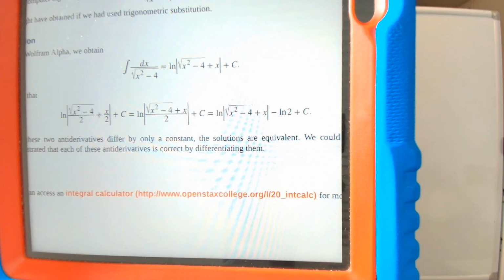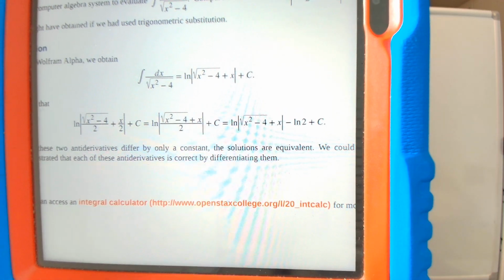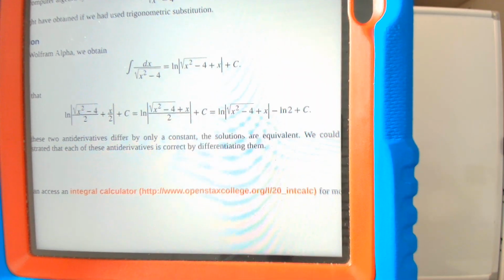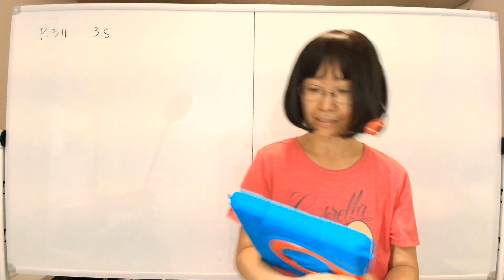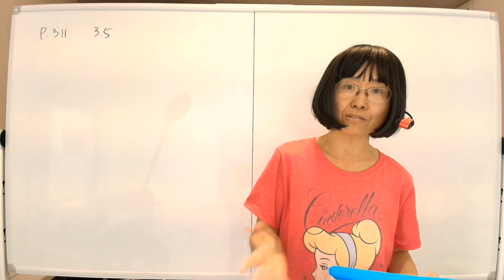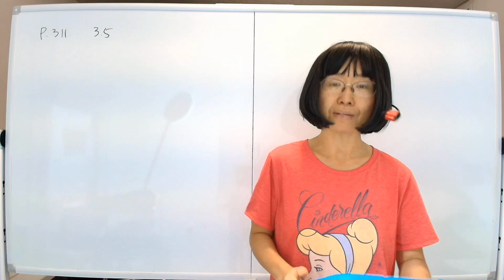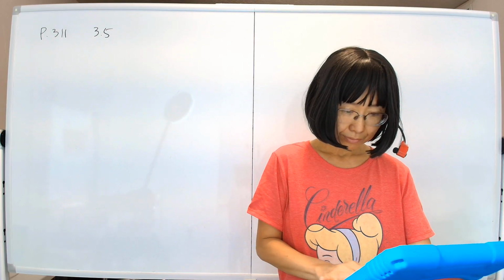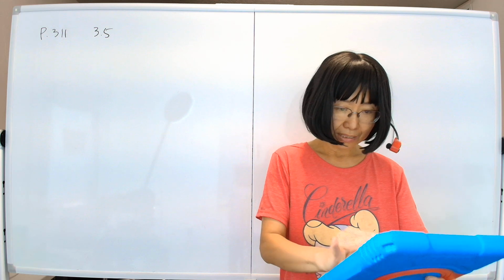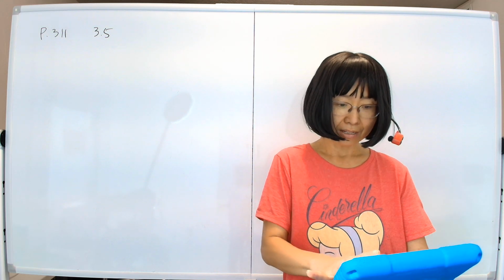That's the same as subtracting natural log of 2, and that can be ignored because that's just part of the constant in the indefinite integral. So that's why sometimes it might be missing a division or multiplication by some kind of a constant. But otherwise, it should be identical. So that's that.